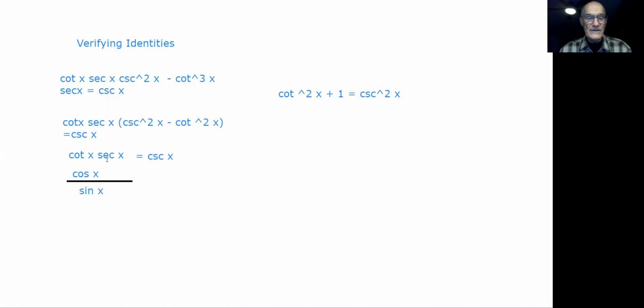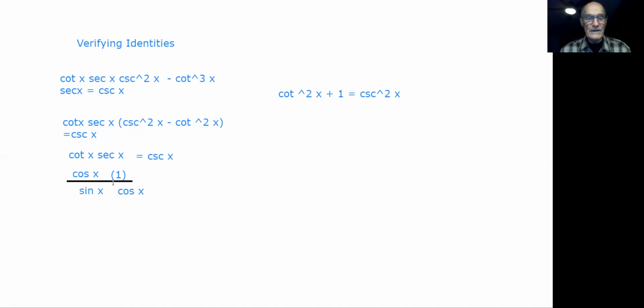Okay, now the secant x is, I'm going to have times 1 on the top, because the secant x is 1 over the cosine x. So I come down on the bottom, and I'm multiplying this by cosine x.